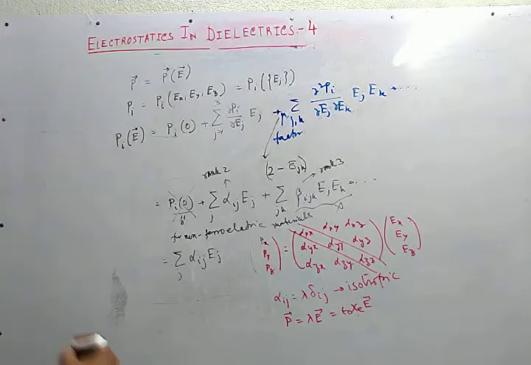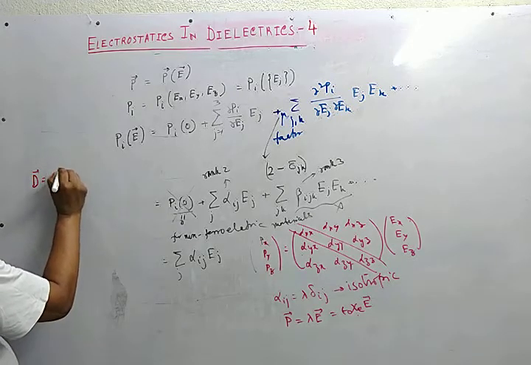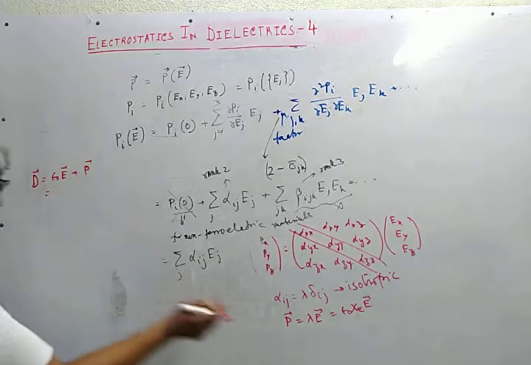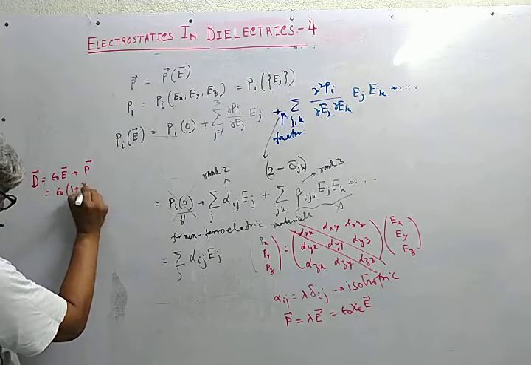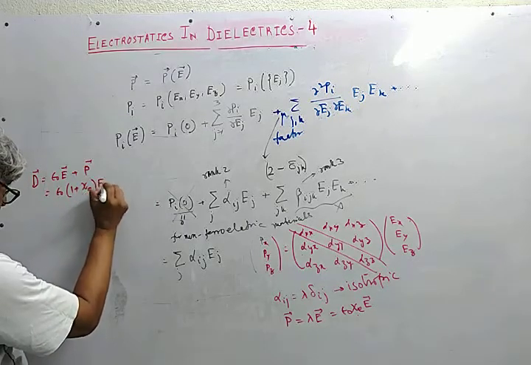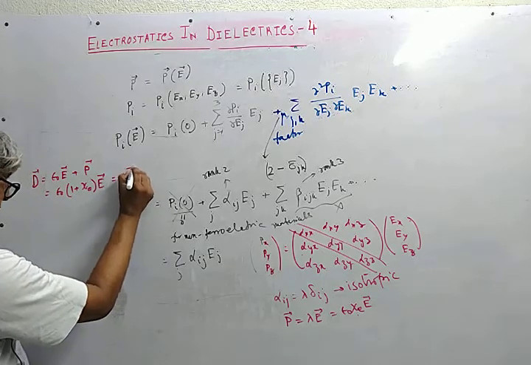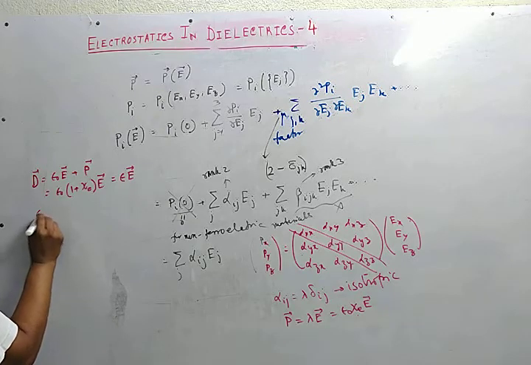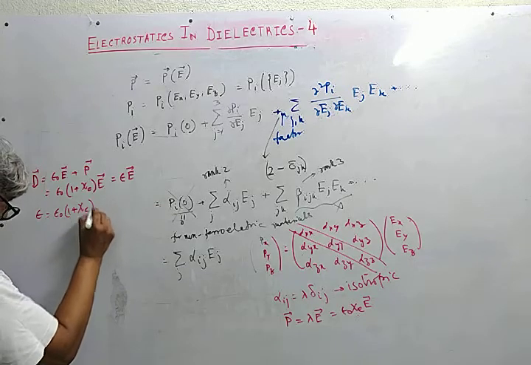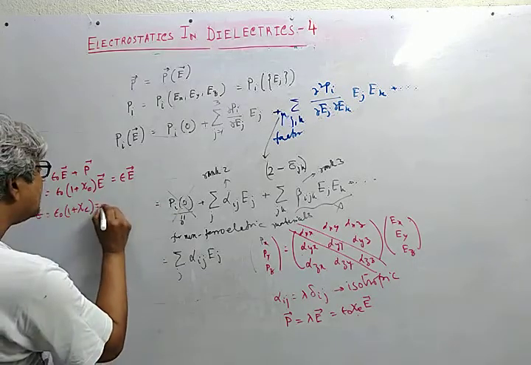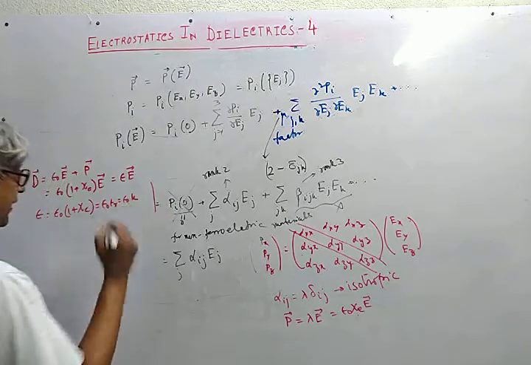So if we come to vector D, the D vector is defined as epsilon_0 E plus P, and for P I write epsilon_0 χ_e E. So if we take epsilon_0 common, this is known as the absolute permittivity of the medium, where absolute permittivity is written as epsilon_0 (1 plus χ_e). χ_e is a dimensionless quantity, and this can also be written as epsilon_0 epsilon_r, relative permittivity, or epsilon_0 K, the dielectric constant.